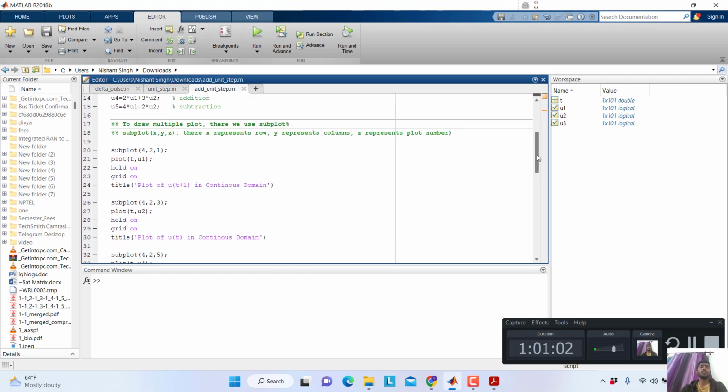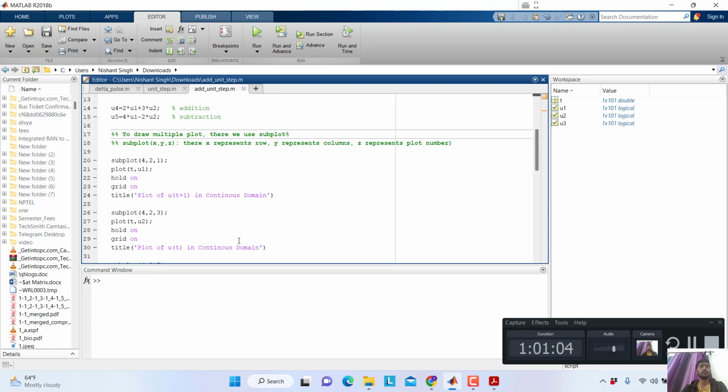Again, to draw multiple results we use subplots. For the continuous domain we use plot, and for the discrete domain we use the stem function.